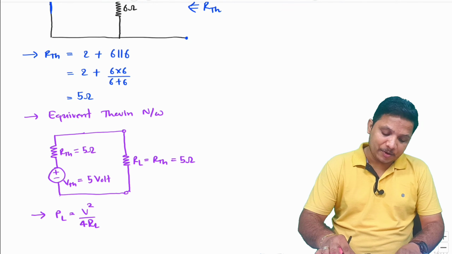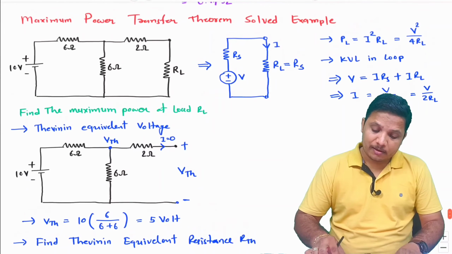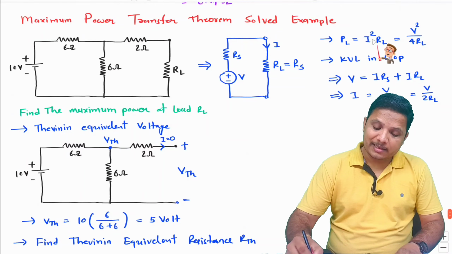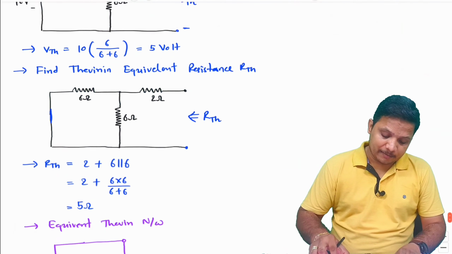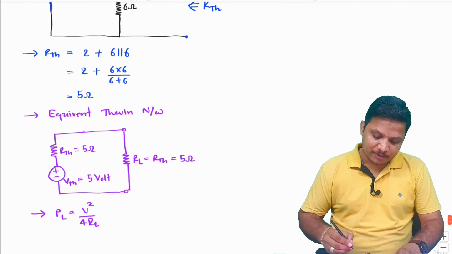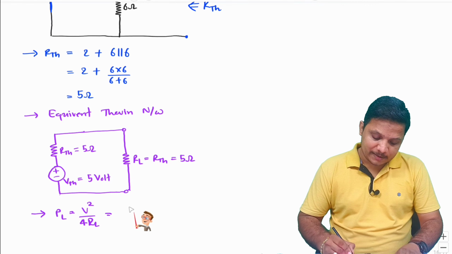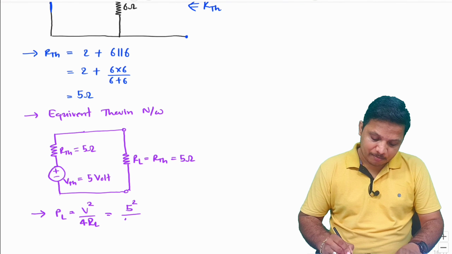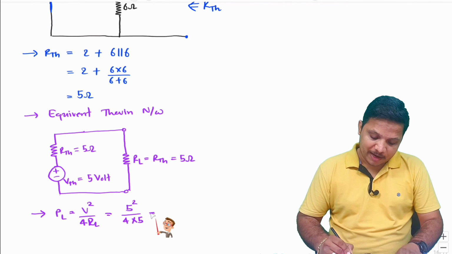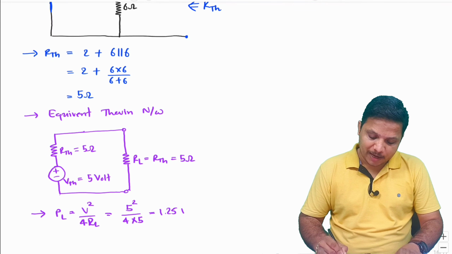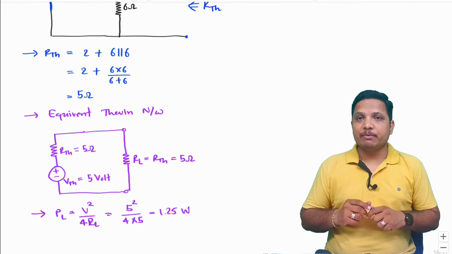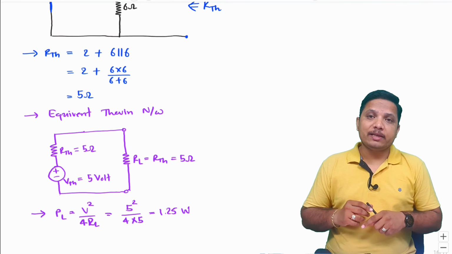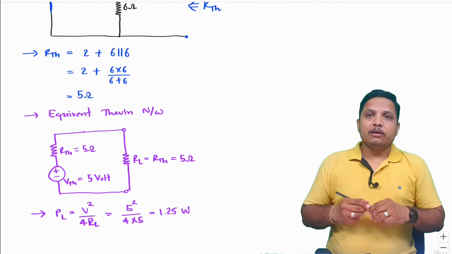I have already explained how it comes: PL equals I squared RL, or it can be V squared by 4RL. Let us substitute the values. V is 5, so 5 squared by 4 into RL, that is 5. So 25 by 20, that is 1.25 watt. This is how we can identify the maximum power transferred using Thevenin's equivalent network.